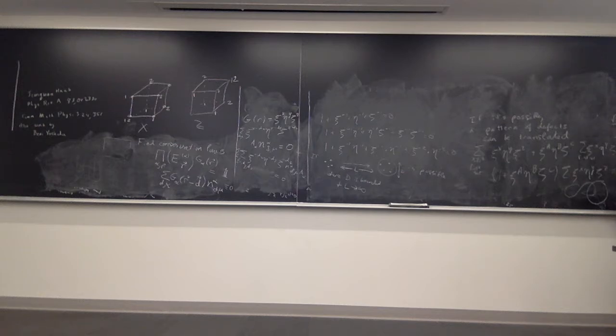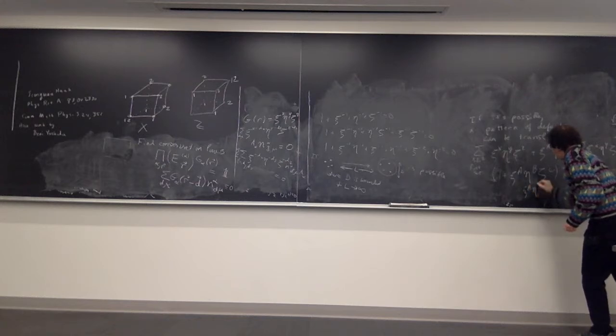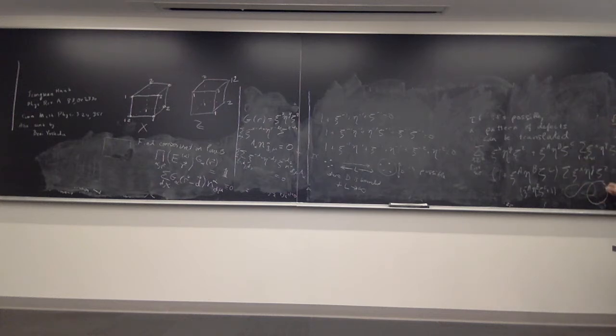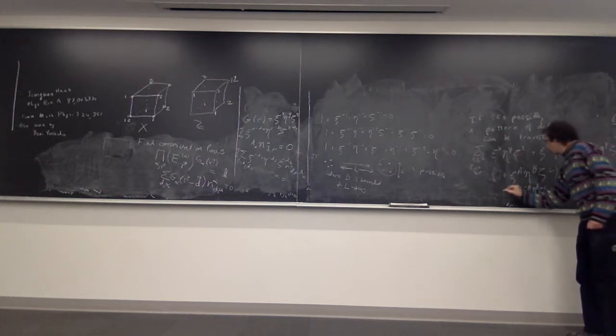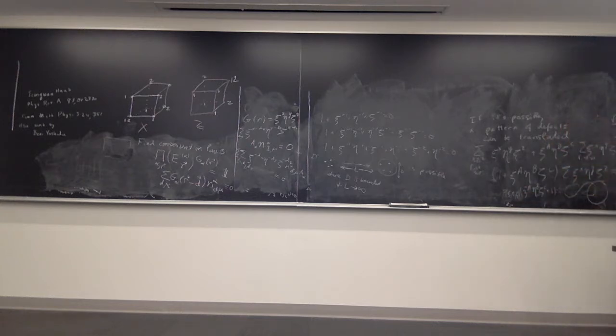Because basically, if this is true on one component, I can take a polynomial that's 0 on the other component and multiply it by that. Then I'll get something that's 0 identically on this curve. But then, reversing all the logic I did, that says it's possible to create this set of defects. This polynomial describes a set of defects. It's possible to create both that set of defects and the translate of it.